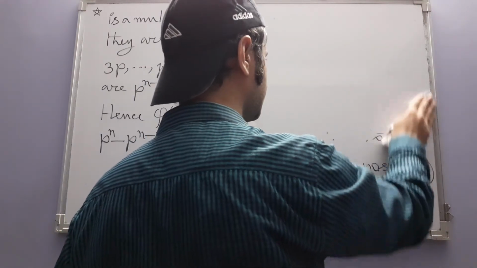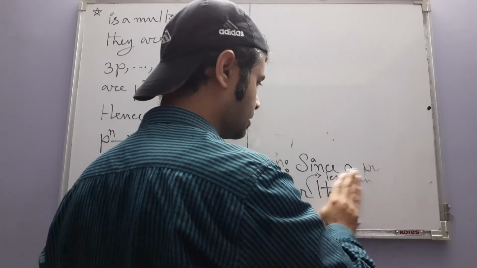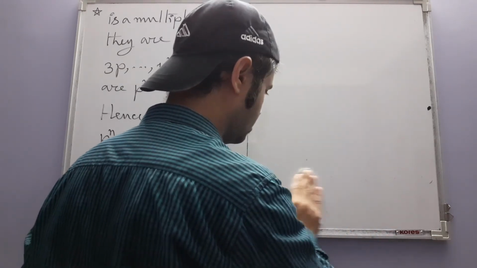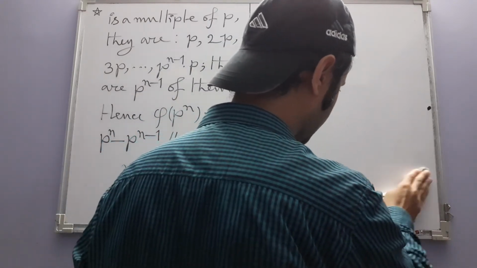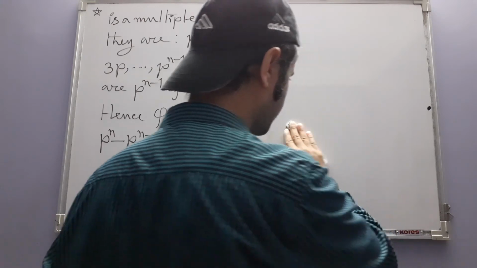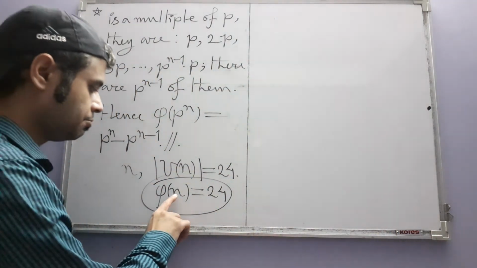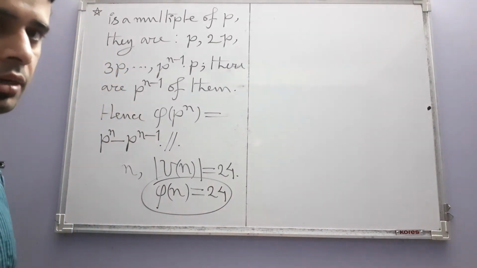You see, in this section, one of the results is about Euler's phi function itself, and it tells us how to calculate the value of phi of n if we are able to write the prime factorization of n.